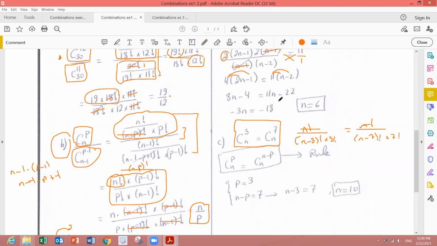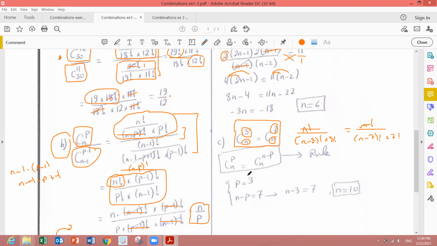So we took a rule, whenever we have two equal combinations, with the same top: n choose p equals n choose n minus p. Here we have the same, one on top is n minus p and the other is p.